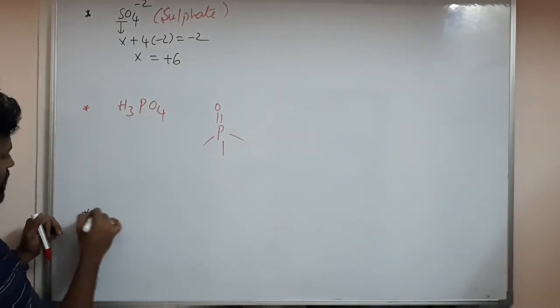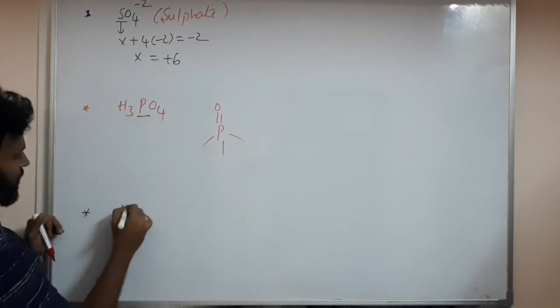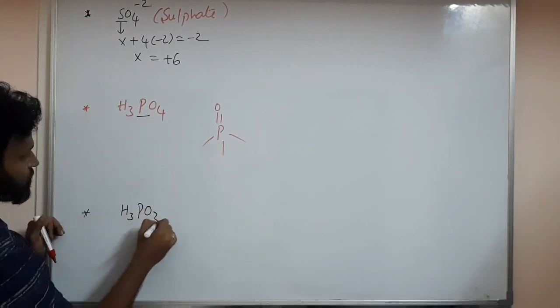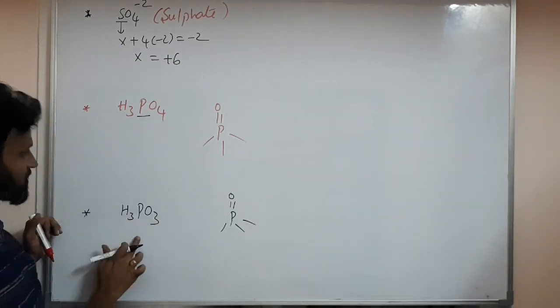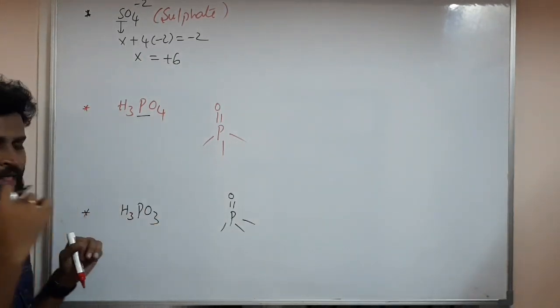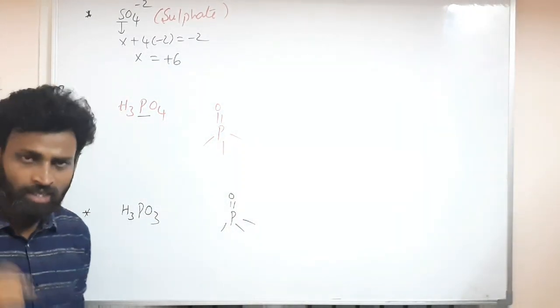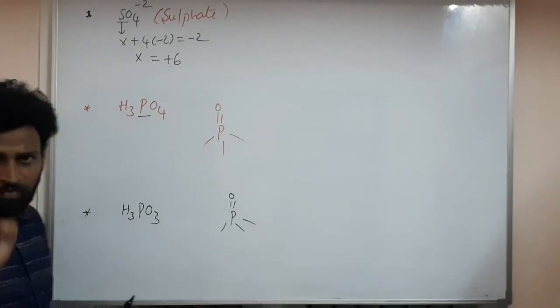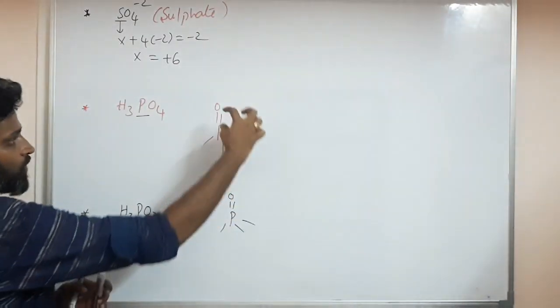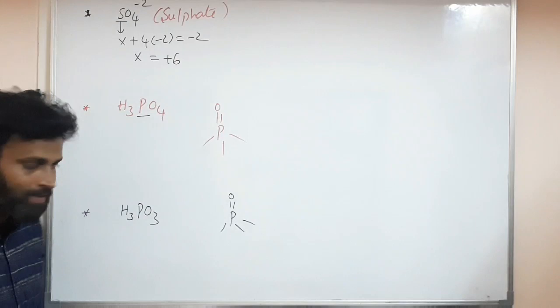Now if I ask the oxidation state of phosphorus in H3PO3, same story. This also has phosphorus with 5 bonds. Phosphorus acid, phosphoric acid, any phosphorus acid, phosphorus has 5 bonds, with 1 P double bond O like this.